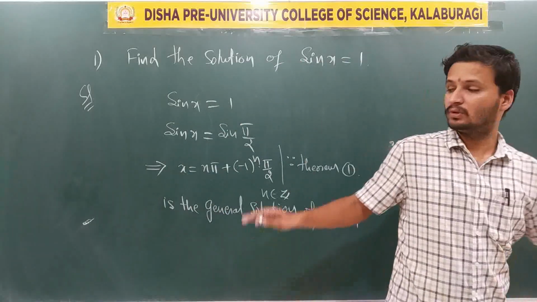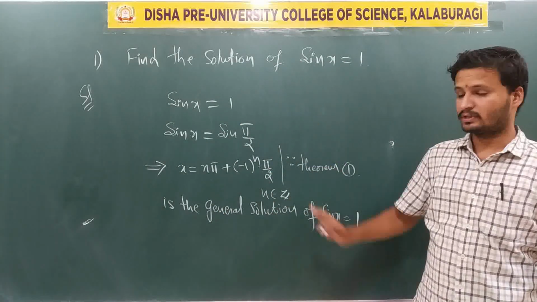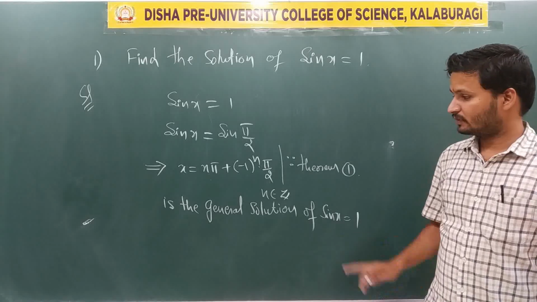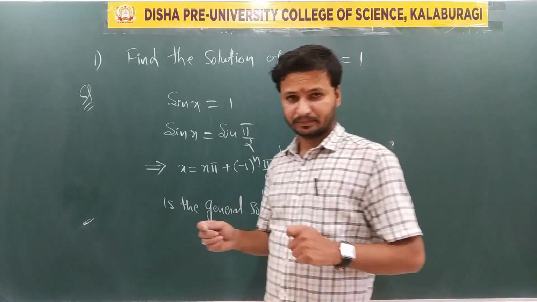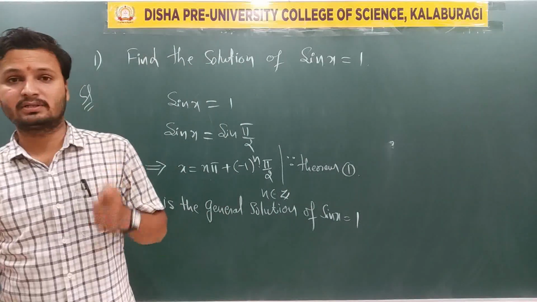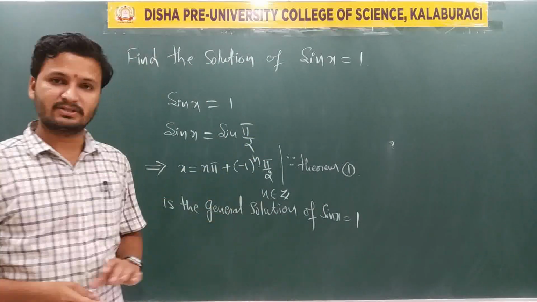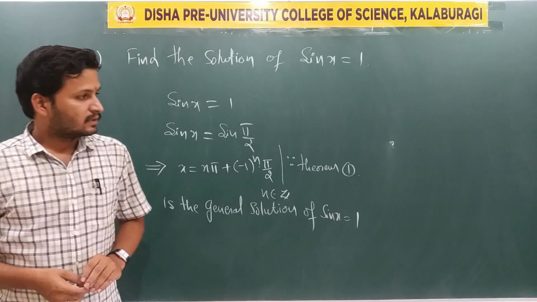This is the way to find the general solution of an equation. That means we need to know theorems 1, 2, 3, and based on those theorems we write the general solution.